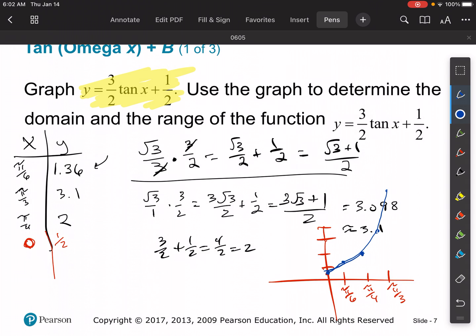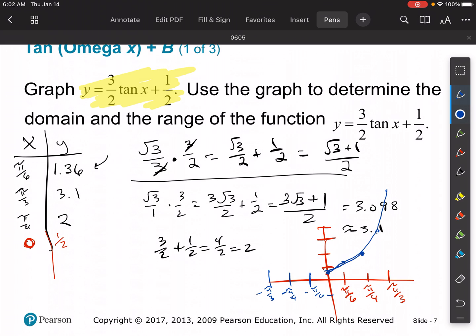Okay, and then we need to get the full cycle, so now we have to go backwards, right? So if we go back to negative pi over 6, negative pi over 4, negative pi over 3, notice we're going to get the exact same answer, but it's going to be in the negative now. Okay, so we don't really have to do the math for that.